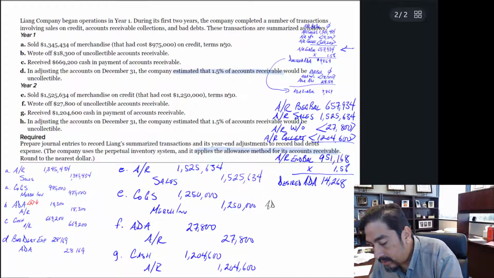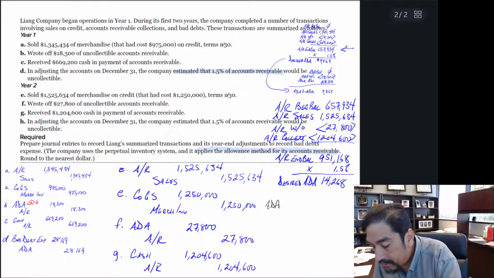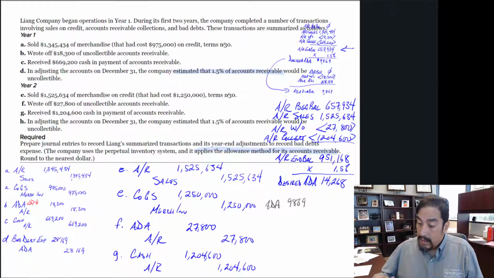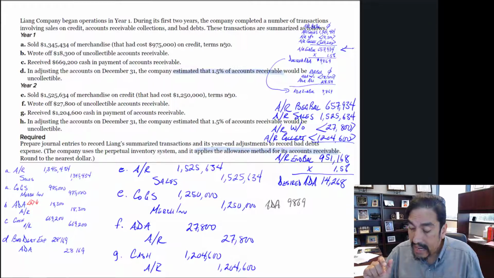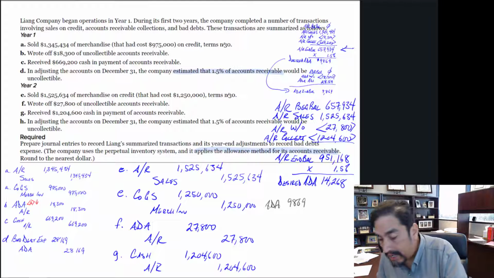Now I can start with my ADA from last year, plus or minus any ADA from this year in E, F, and G. So E1, no ADA. E2, no ADA. F, I debited ADA. That means I used some of it up.